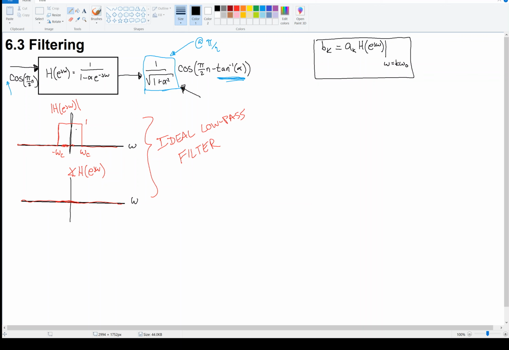Now, that's one type of filter. Another type would be what's called a high-pass filter, and a high-pass filter has kind of just the opposite situation, where we have a cutoff frequency, omega c.